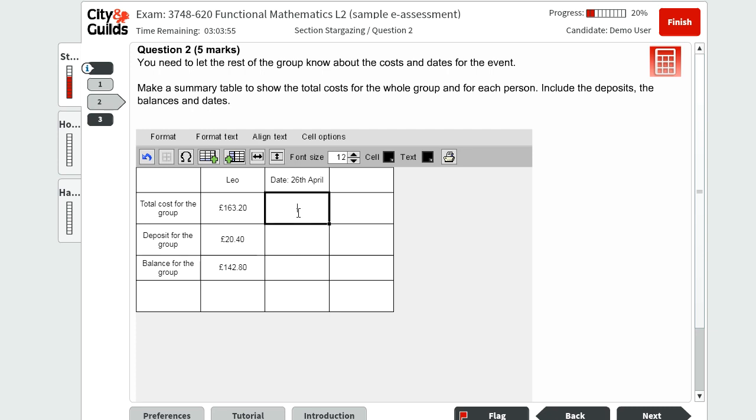Now we'll do the deposit per person, which is of £1.70.